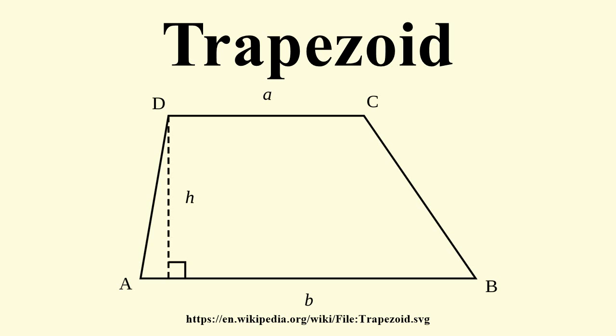There is some disagreement whether parallelograms, which have two pairs of parallel sides, should be regarded as trapezoids. Some define a trapezoid as a quadrilateral having only one pair of parallel sides, thereby excluding parallelograms. Others define a trapezoid as a quadrilateral with at least one pair of parallel sides, making the parallelogram a special type of trapezoid.